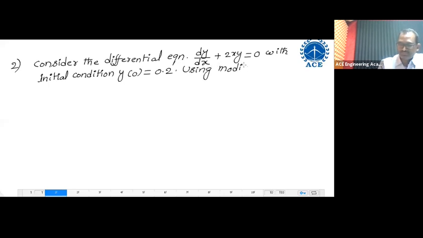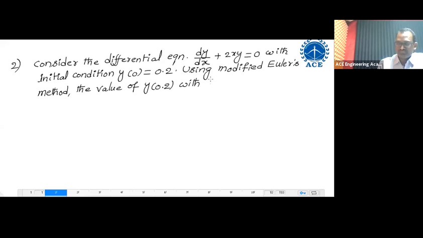Using modified Euler's method, the value of y of 0.2 with h is equal to 0.2 is.